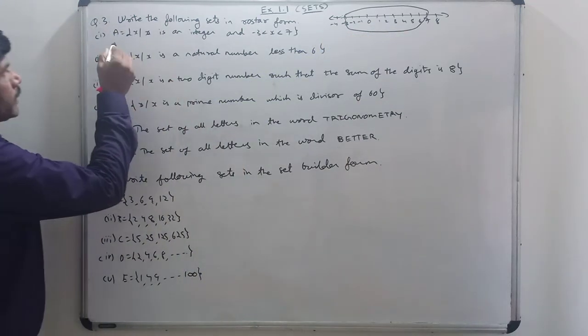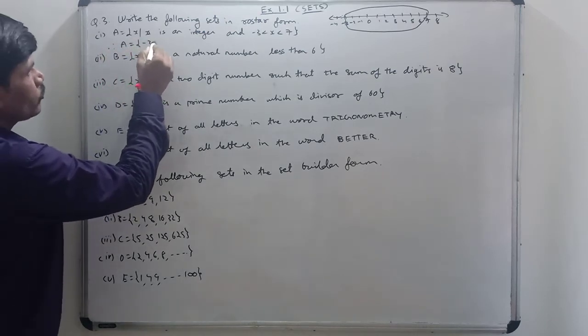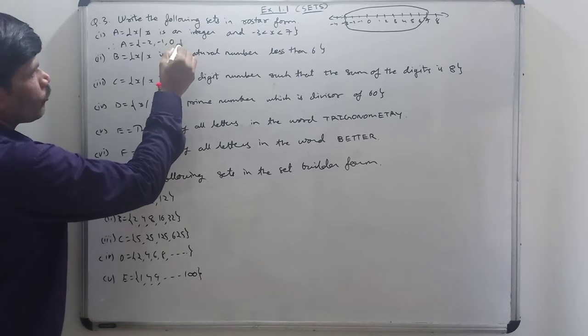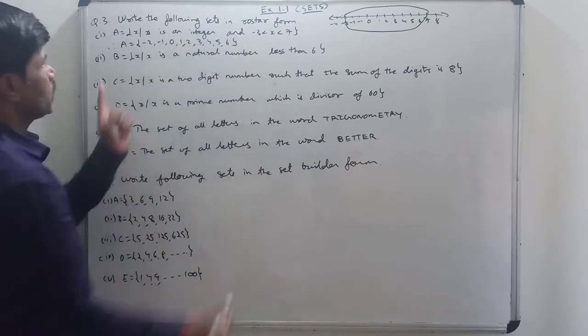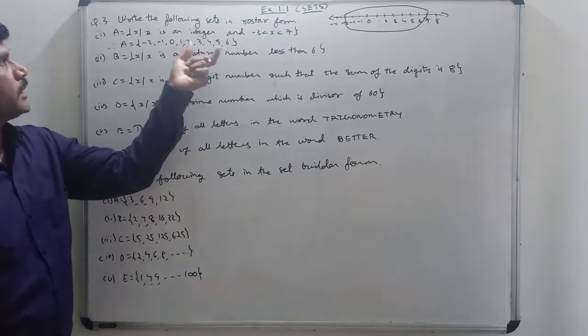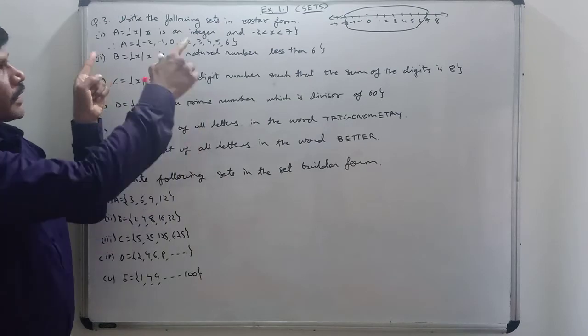So if I write A is equal to those elements -2, -1, 0, 1, 2, 3, 4, 5, 6, this is called a roster form. We have enlisted the elements x which are between -3 and 7 inside the curly bracket.